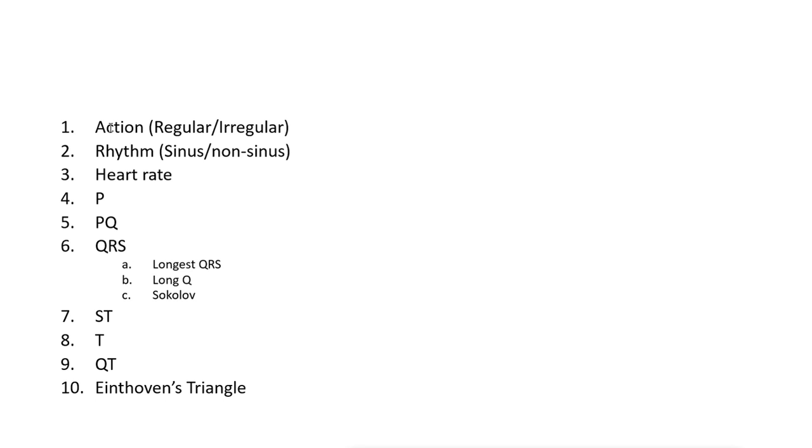It can seem very simple, but this is a crossroads. If you say that it is sinus rhythm, you're going to base so many other conclusions throughout your ECG solving on the idea that it's sinus rhythm.